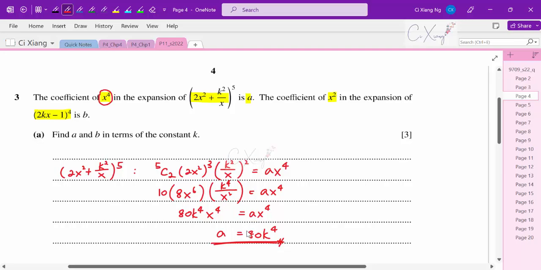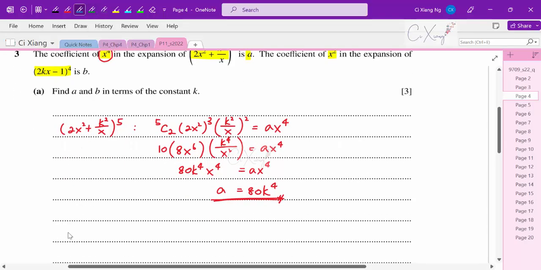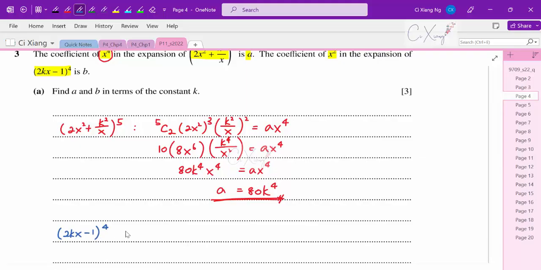So this is what we have for a. And now you want to proceed to b. To get b, I will want to expand this, and I'm looking for the coefficient of x squared.